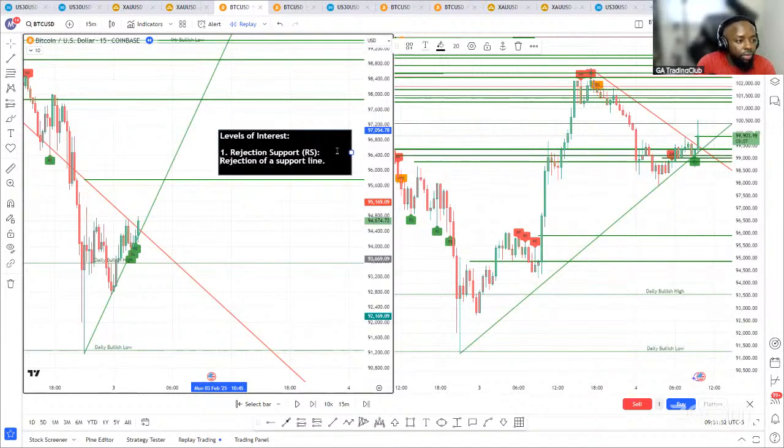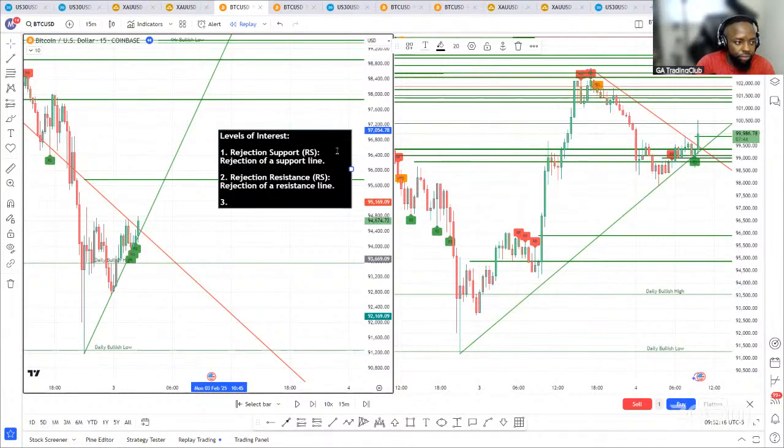And then the other one I'm interested in is rejection resistance, or RS. This is rejection of a resistance line.